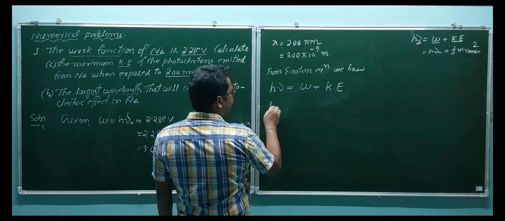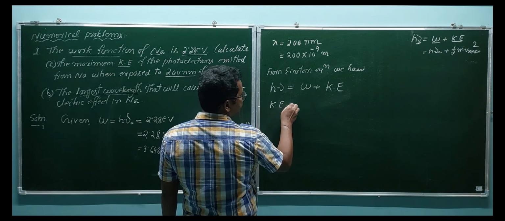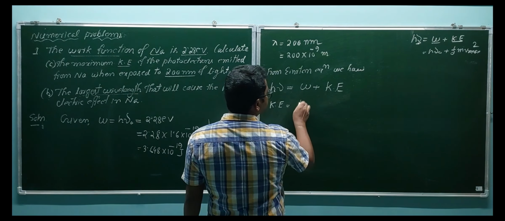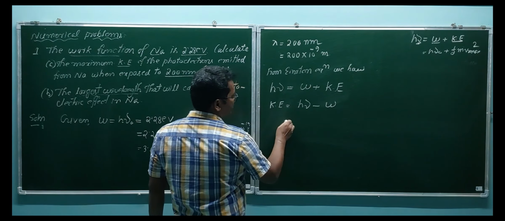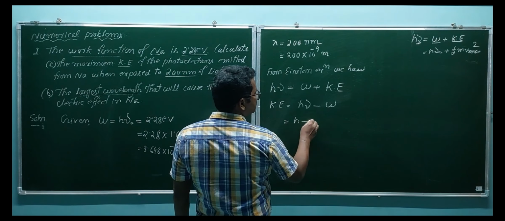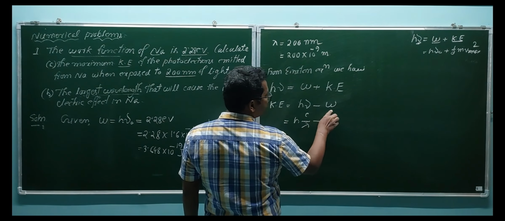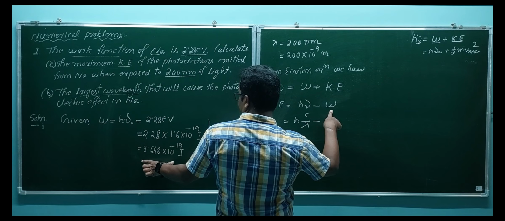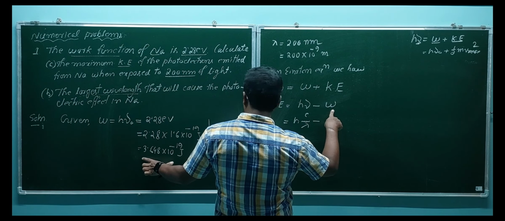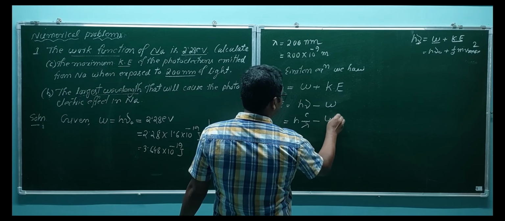So kinetic energy is equal to h nu minus W. So h c by lambda minus W, where W is given. Now put the values.